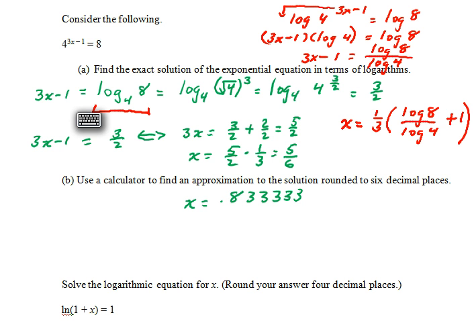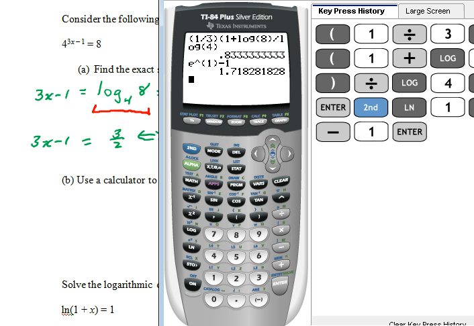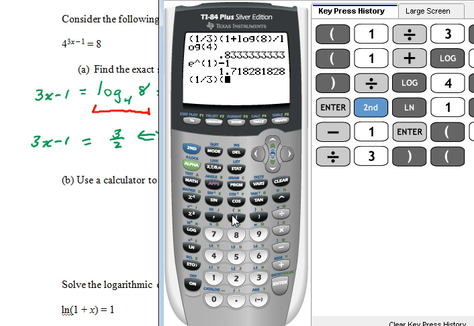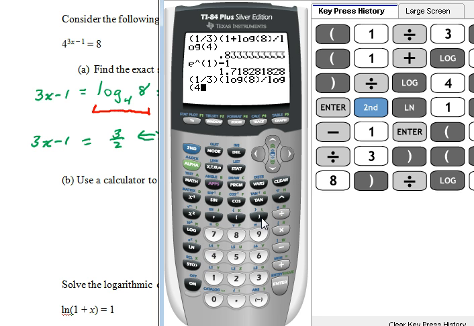And on the calculator, we would then go open parentheses, 1 divided by 3, close and open parentheses, log 8, close parentheses, divide, log 4, close parentheses, add 1, close parentheses, enter.